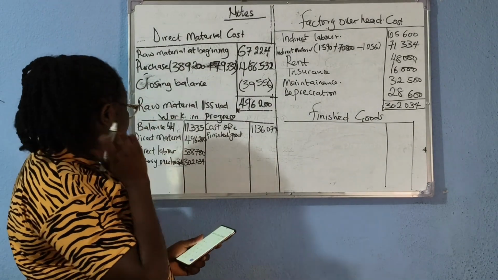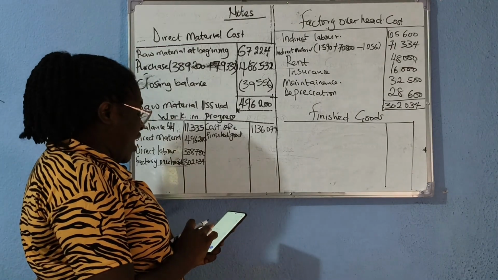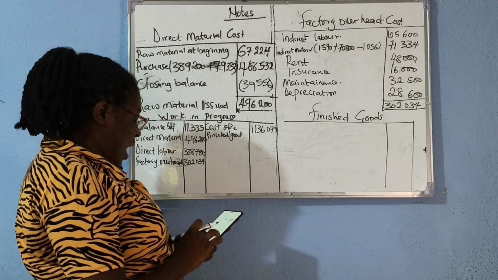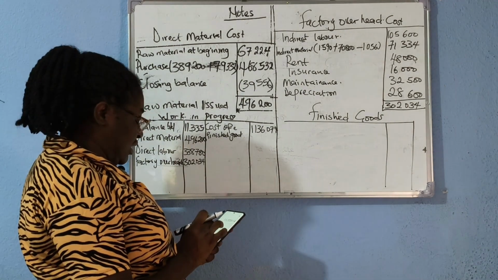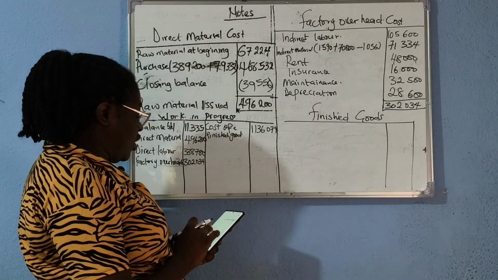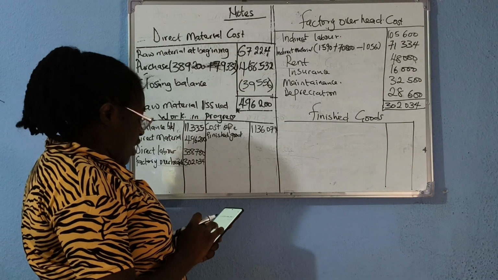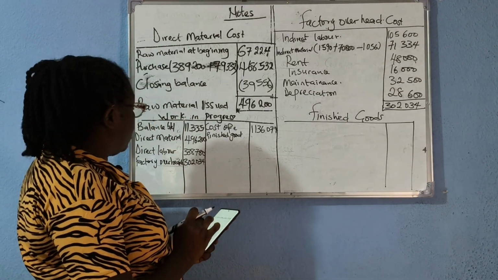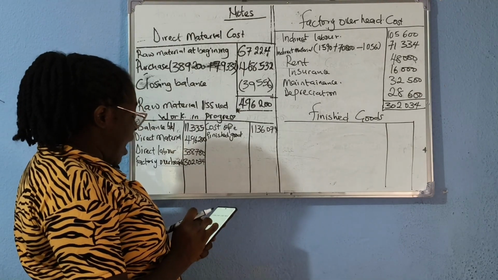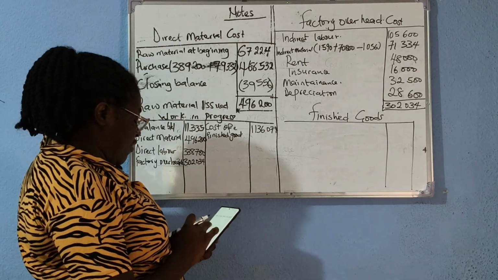Of course, we are now to get our closing balance for work in progress. So we have 11,335 plus 496,200 plus 338,780 plus 302,034.